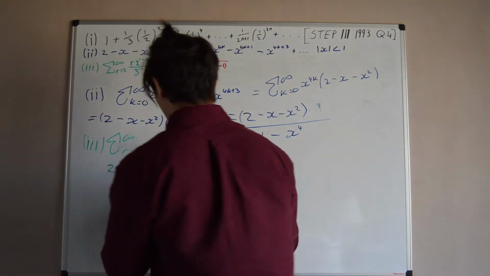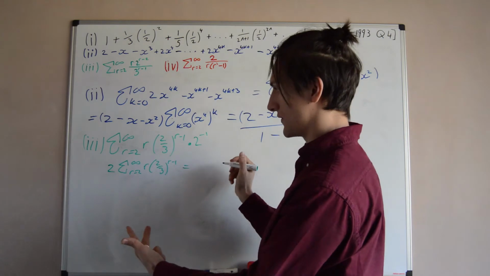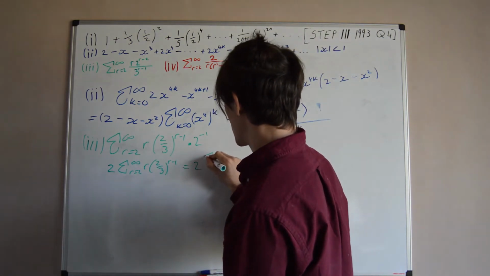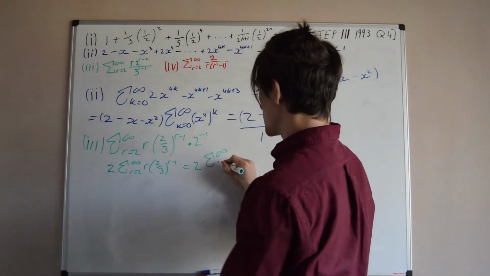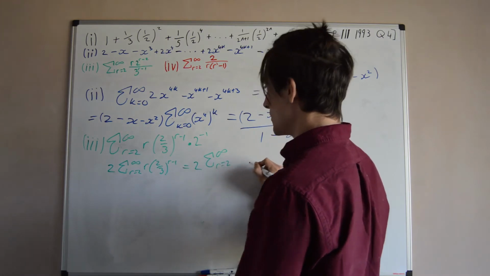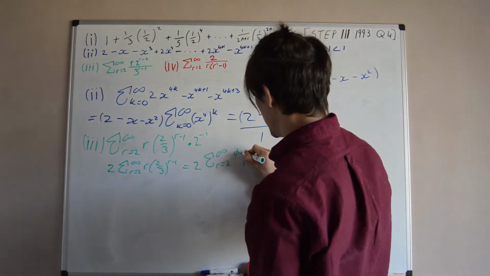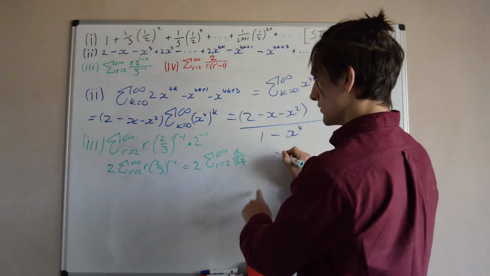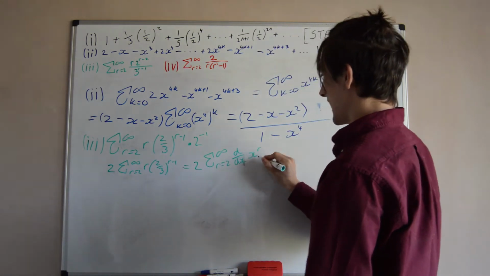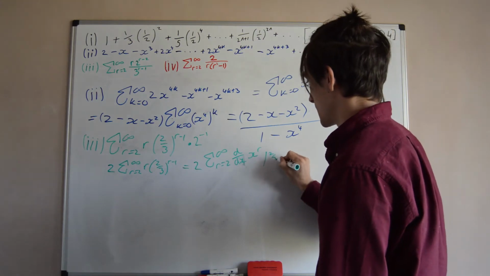Okay, so now I can rewrite this. We already know how to do differentiation in terms of a variable, so just write the infinite sum, r equals 2. Well, this is d by dx, the differential of x to the r, evaluated at 2 over 3.